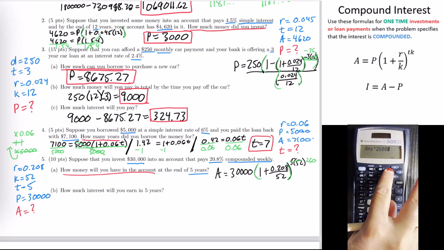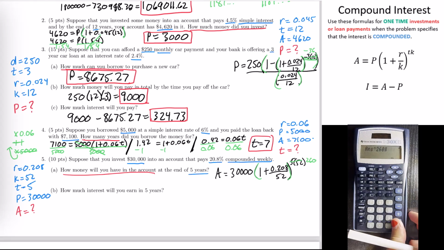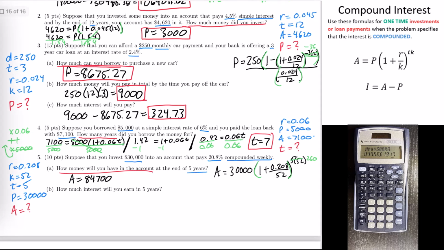So we get that number raised to an exponent of 260. Then we take that result and multiply by $30,000, and that gives us the value of A. So A, in this case, is going to equal $84,700.62. That's the value for A.